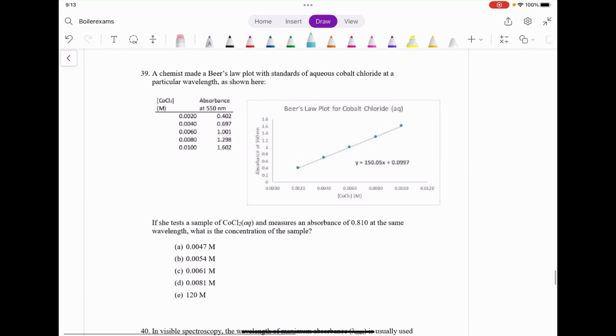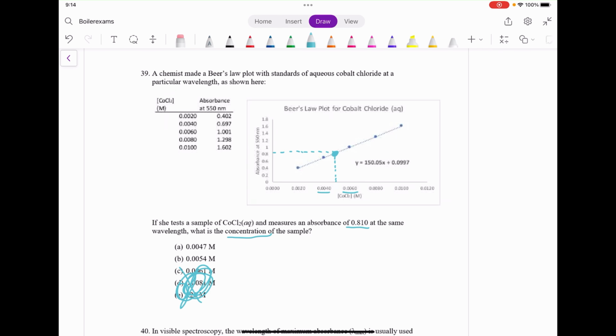Okay, so even if you don't know Beer's law, they give us the plot, and they want to know the concentration at this absorbance, and they give us the relationship. So the absorbance is about there, and on the x-axis we have concentration.